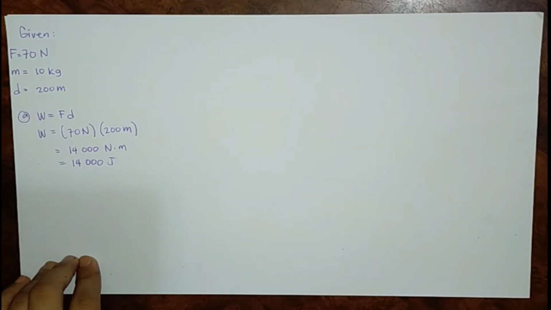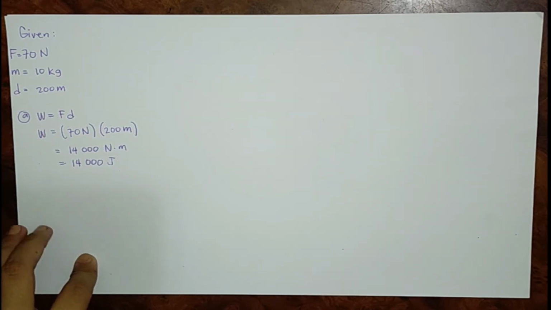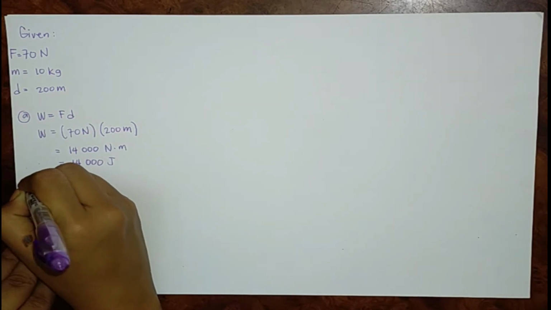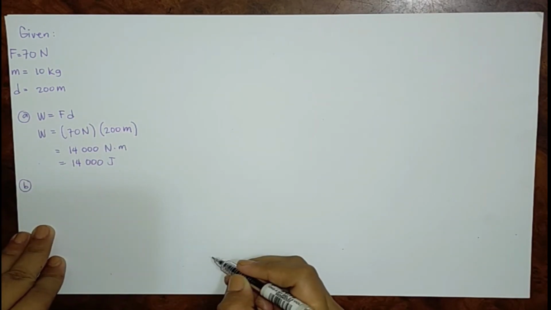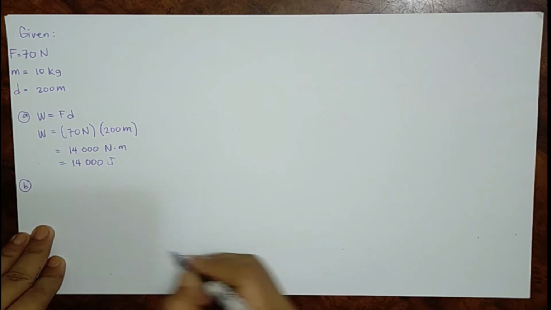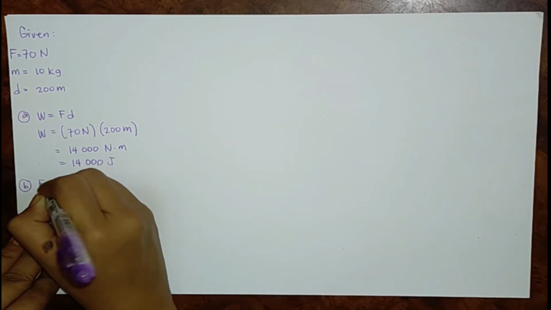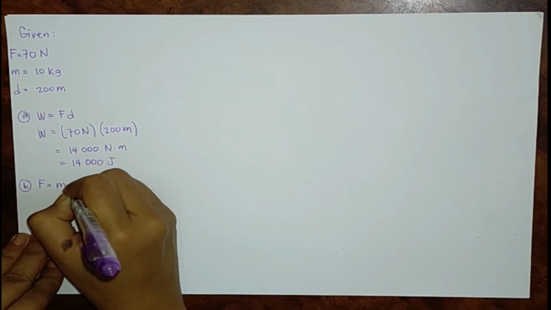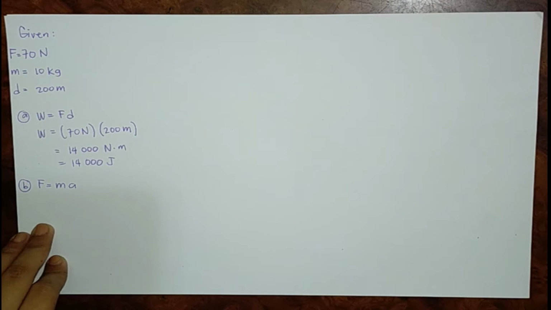Next, we're going to solve for the acceleration of the block in horizontal direction. In getting the acceleration of the block, we are going to use our equation F is equal to ma.